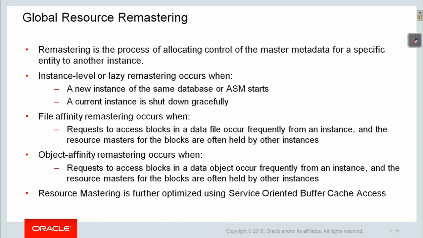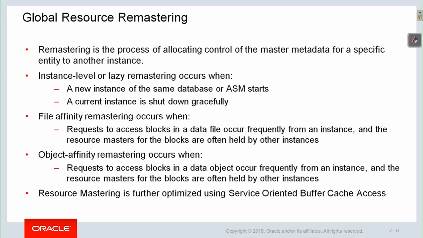For example, with a 2-node RAC database, instance 1 has metadata to control 50% of the blocks, so instance 1 is the master instance for 50% of the blocks of the object. The second instance is also the master instance for the remaining 50% of the blocks of the object. So the ownership of resources is evenly distributed.